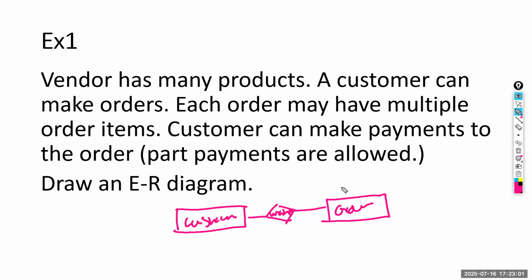So then your order has items, right? You order soup, rice, chicken, maybe salad. So that is usually what we call order items. Order items. Because your order has items.